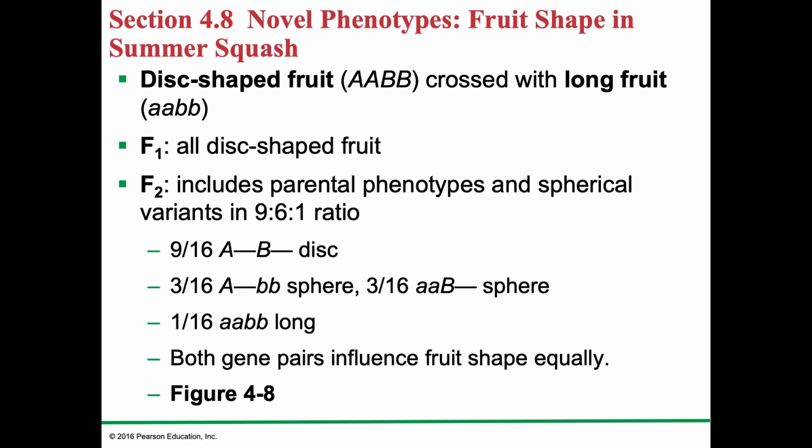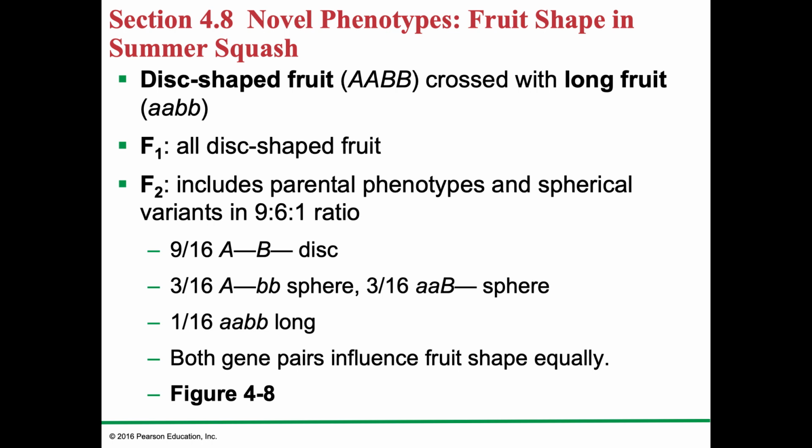But squash apparently have weird inheritance patterns with squash shape. The dominant phenotype for this particular summer squash is to be disc-shaped. The recessive phenotype would be for the fruit to be long instead of disc-shaped.